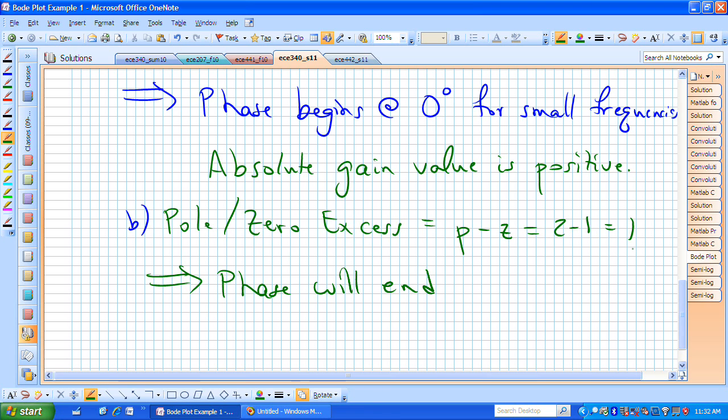We have one more pole than zero, so in the limit as we get to large frequencies, the phase is going to look like a single pole system. So our phase will end at the phase of a single pole, which is minus 90 degrees for large frequencies.